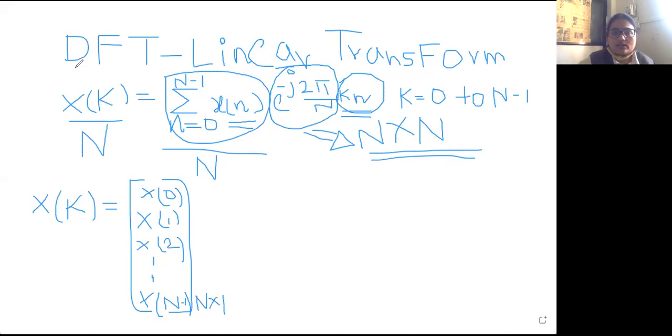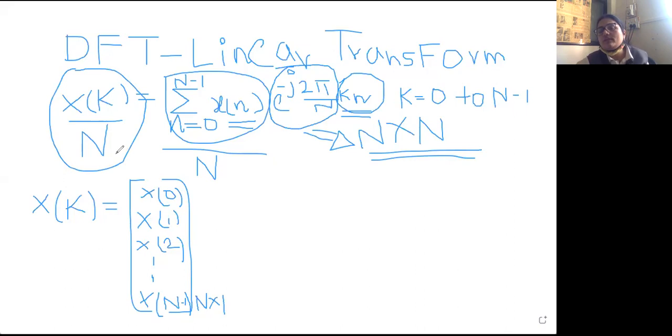So here we have represented the x of k DFT samples with the help of a matrix, because we want to represent the entire equation using matrices. I started with the first, the output DFT values.